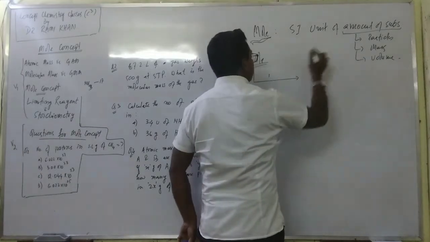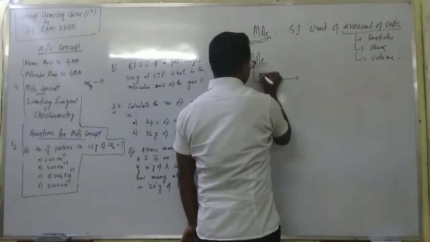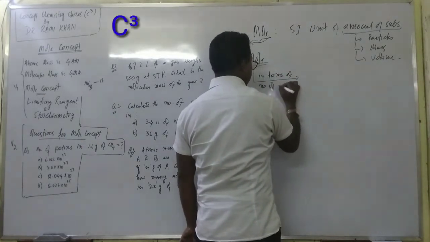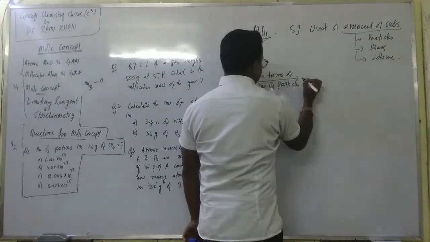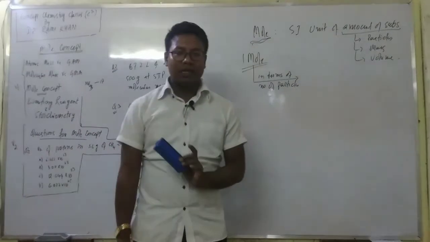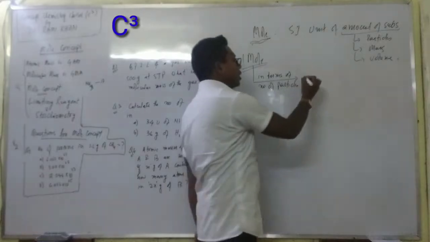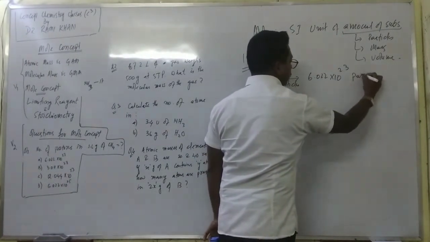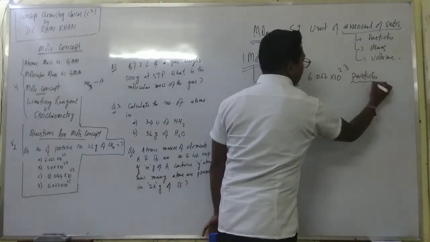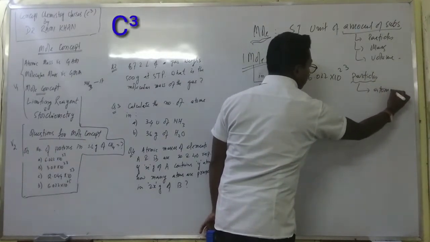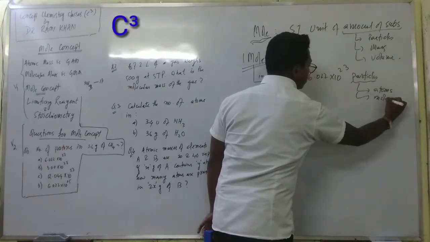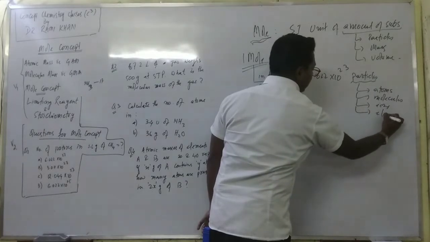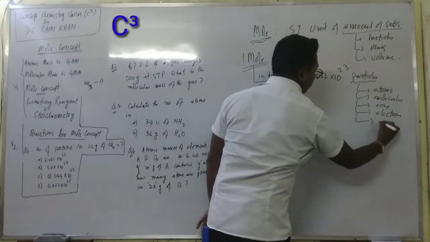So we can define 1 mole in three different ways. First way is in terms of number of particles. Now 1 mole in terms of number of particles is equal to 6.022 into 10 to the power 23 particles. These particles can be atoms or molecules or ions or electrons or pens.